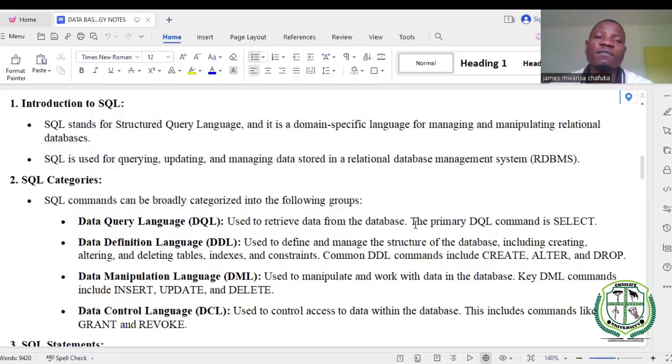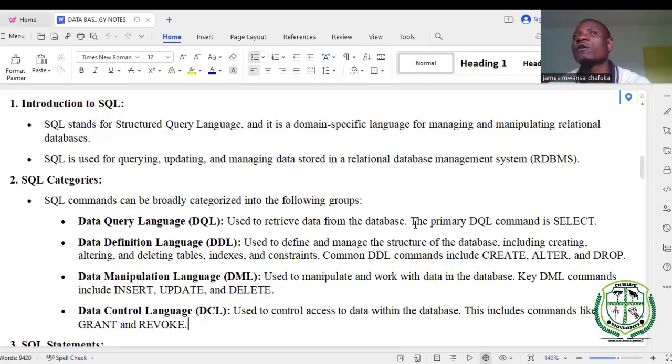So now we have structured query language categories. SQL commands can be broadly categorized in the following groups.